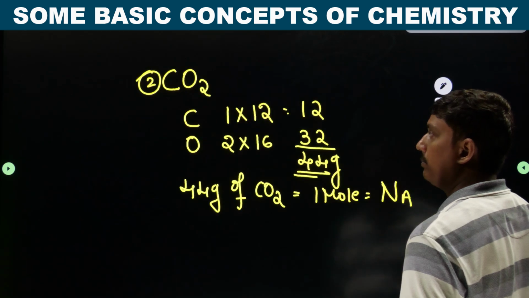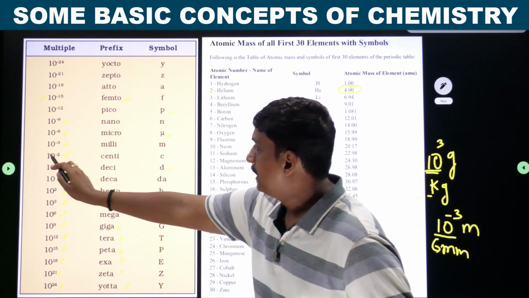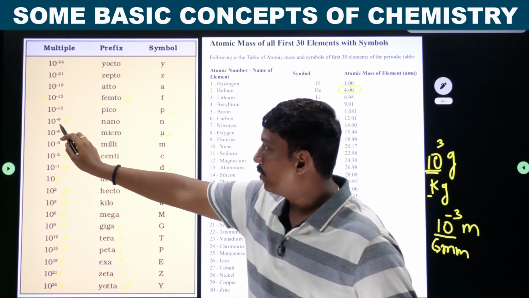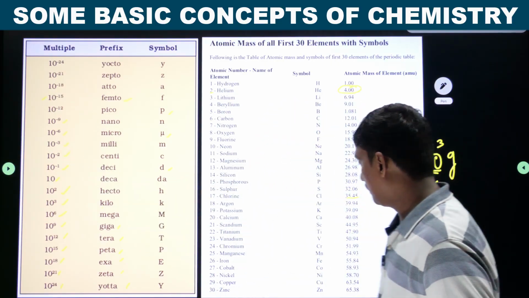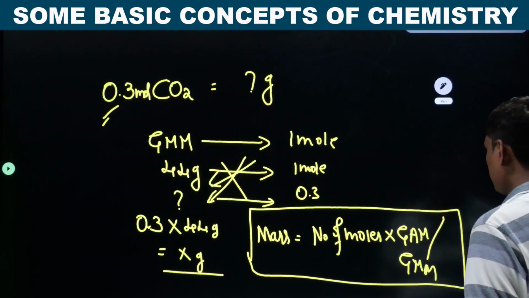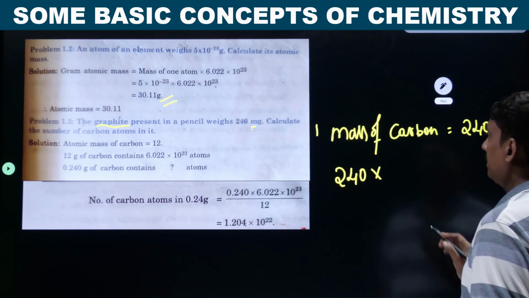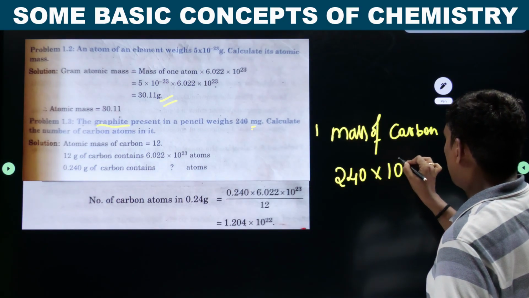Again, you see 10 to the power minus 3. If it is given micro, you should take 10 to the power minus 6. So, in the place of milli, what should be taken? 10 to the power minus 3.